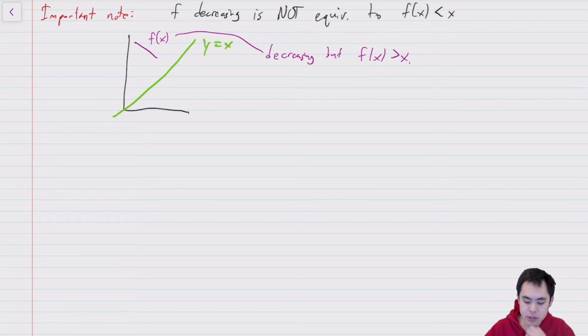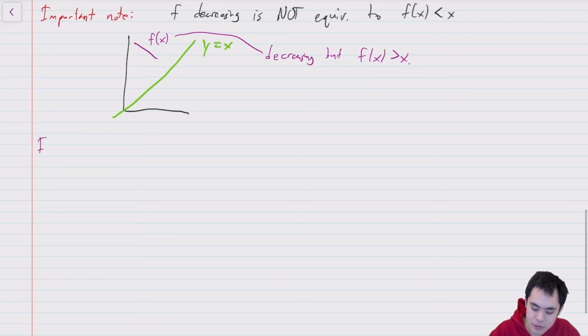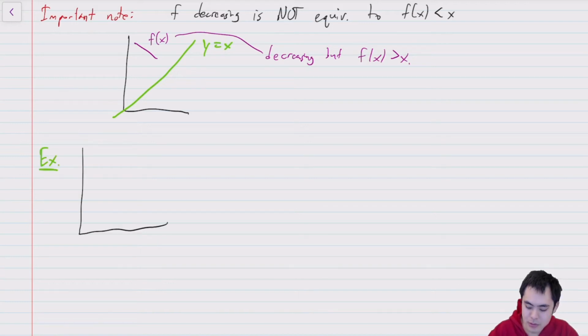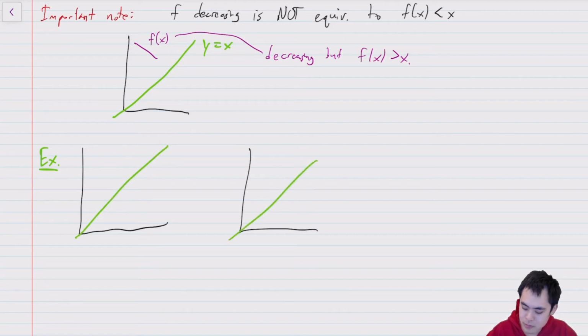And just to give a little bit of an illustration of things that do satisfy this, I'm just going to draw a couple pictures. Each time I'm going to have the y equals x line. If we have a function that looks like that, that works. You can do something like this.